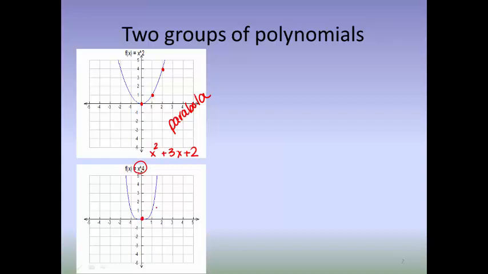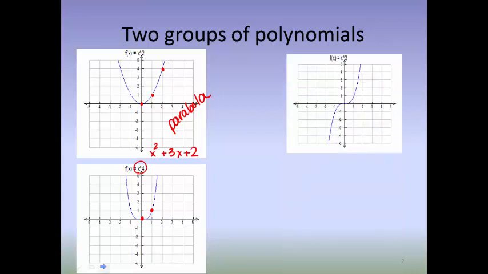So 0 to the fourth is still 0, and 1 to the fourth is still 1. However, 2 to the fourth is not 4. It actually goes up much higher because 2 to the fourth power is 16. So it does carry a different shape than a parabola, even though it does look like a U. So we cannot call it parabolic, which is the phrase that means looks like a parabola. So this is an x to the fourth graph. Still very similar.